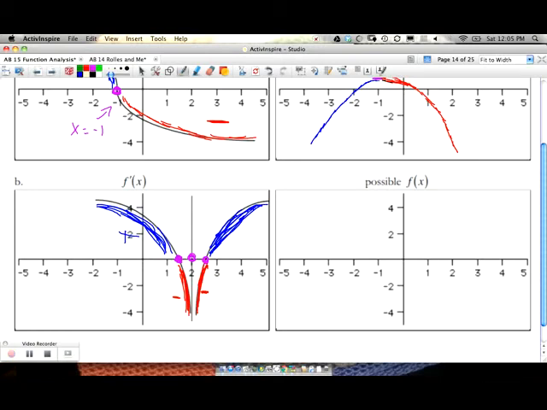So this is an interesting graph to look at. Let's see what would happen. So we're going to start out positive. So we're increasing slope until we get to 1.5, and then we're going to flatten out right there.